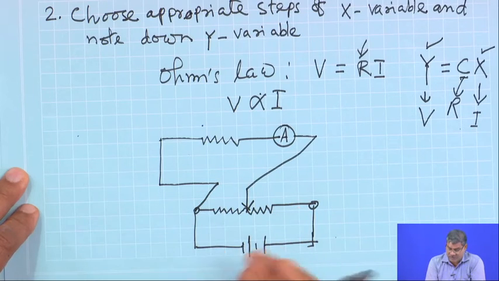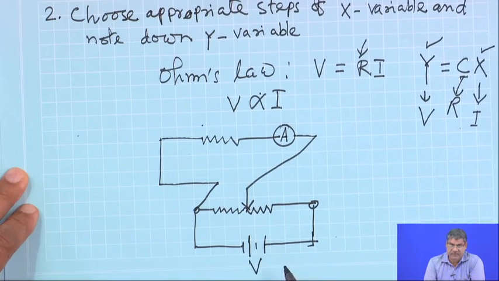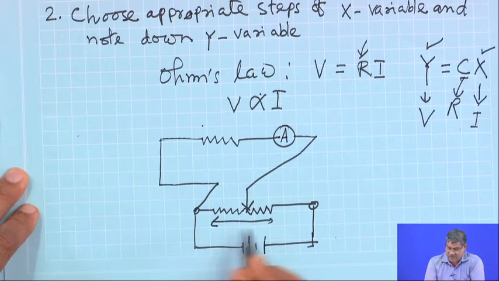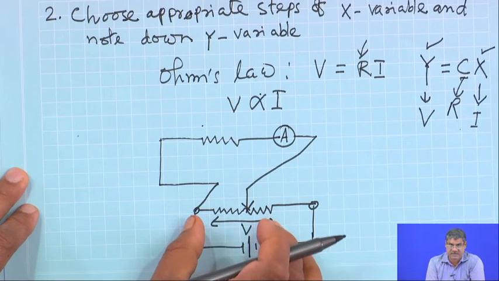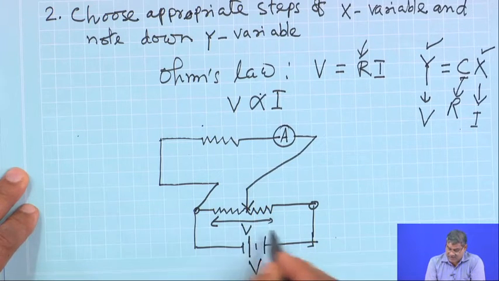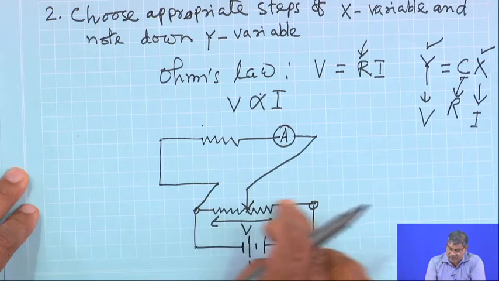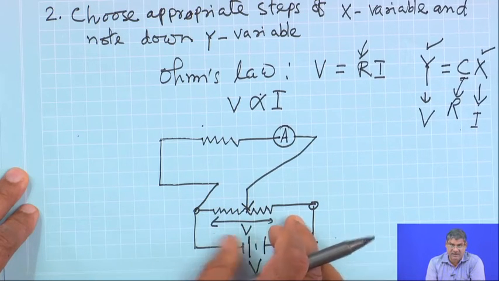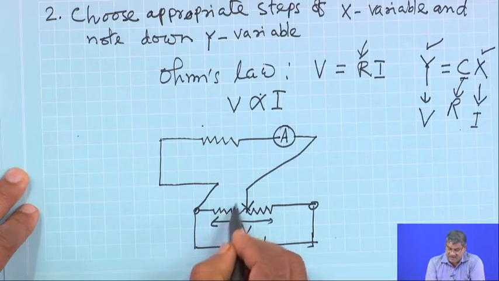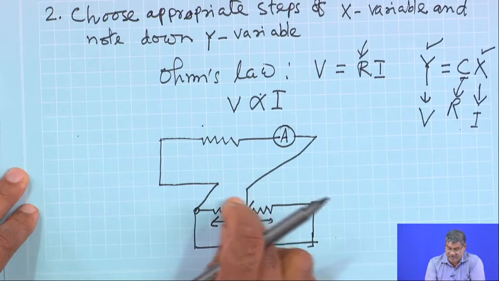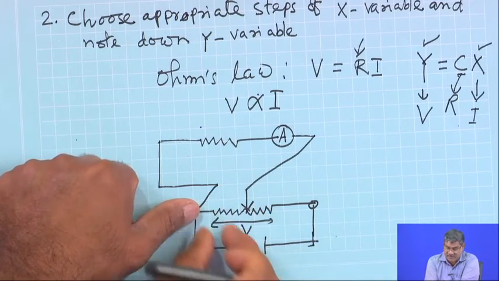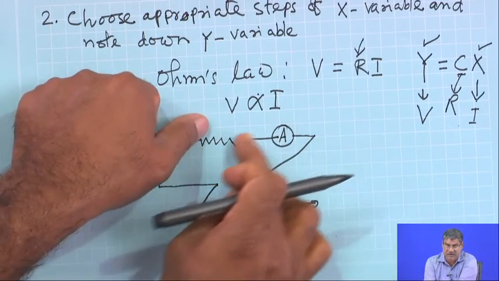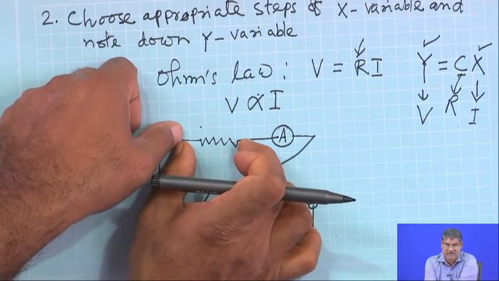So, this total voltage is the voltage drop across this one, whatever the current flowing through it and whatever the resistance. Now, if you divide this resistance into different parts, meaning you are varying this, the voltage drop across this portion will be the voltage across this resistance.